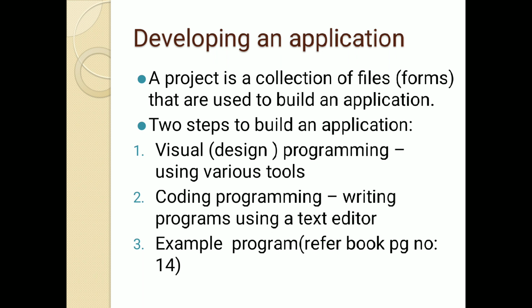The next, you have to build an application in two steps. One is visual programming. You can use various tools like text box, label box, etc. The next point is coding programming. That means you have to write programs using the text editor or in your program window.